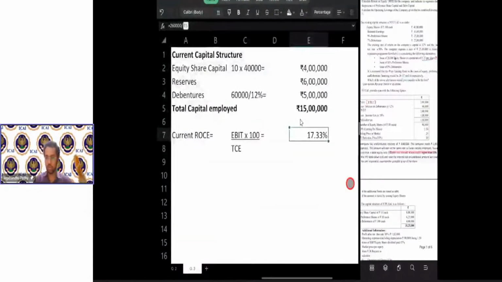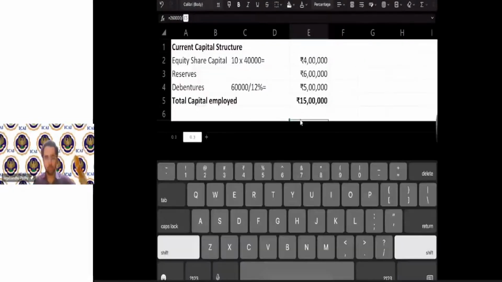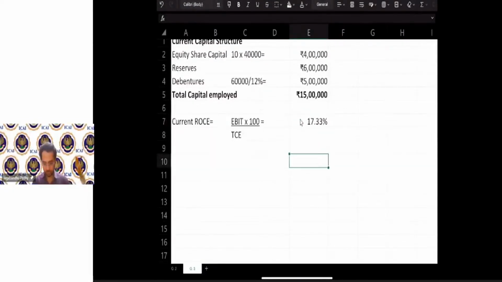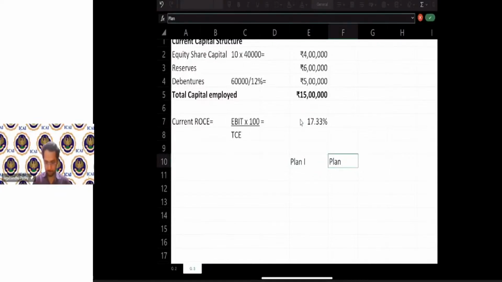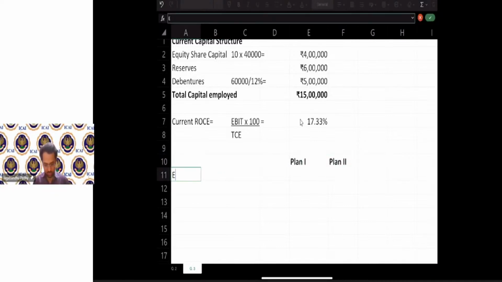So let us say the plans that we are looking at. We have got plan 1, we have got plan 2. Now, under plan 1 and plan 2, first we'll talk of equity share capital.